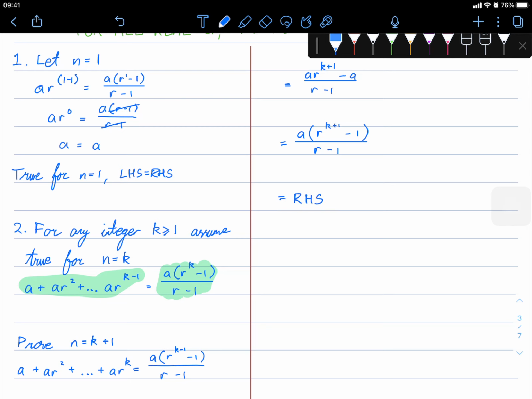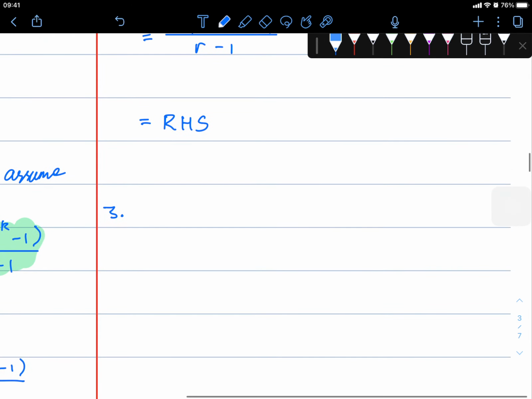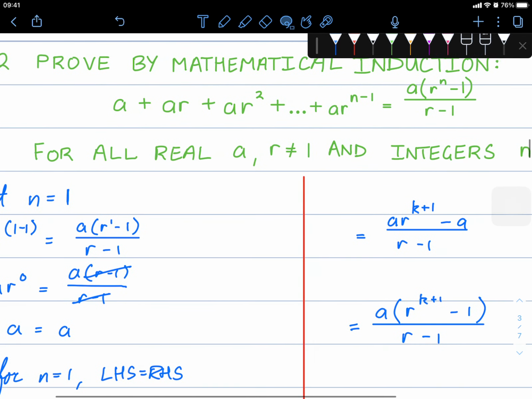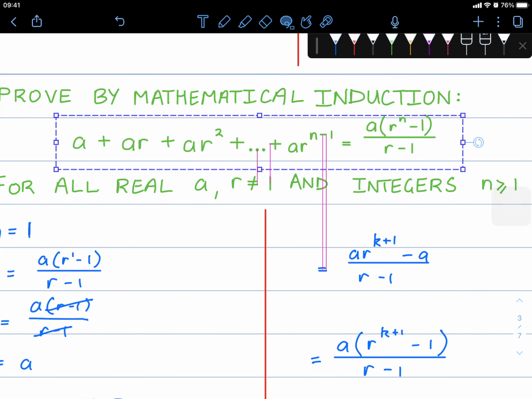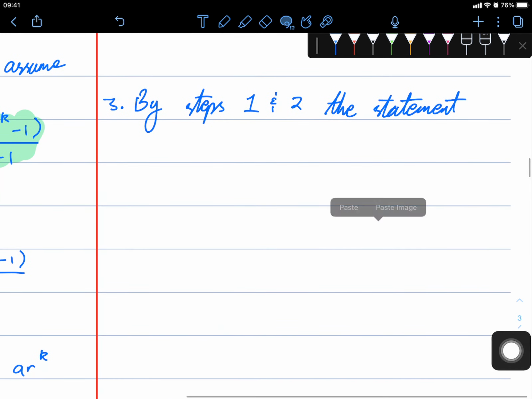And we're done. So now I'm going to rewrite the same conclusion written in a different way. You can say, by steps 1 and 2, the statement is true for all n greater than or equal to 1. Unfortunately, you would need to write this out yourself once again by hand.